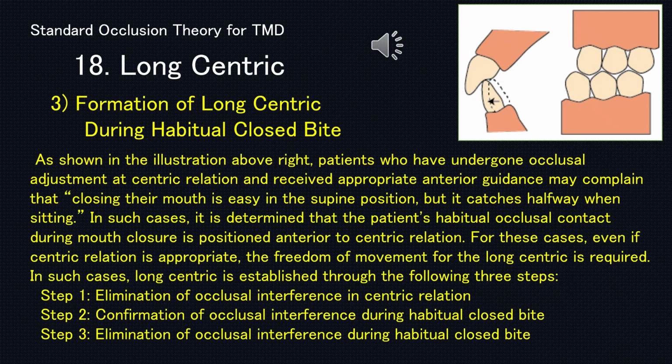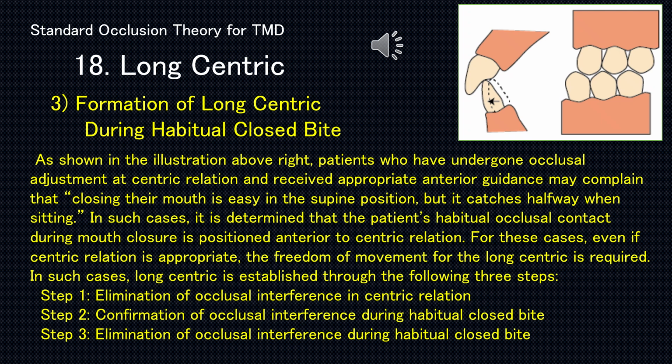3. Formation of long-centric during habitual closed bite. As shown in the illustration above right, patients who have undergone occlusal adjustment at centric relation and received appropriate anterior guidance may complain that closing their mouth is easy in the supine position, but it catches halfway when sitting.